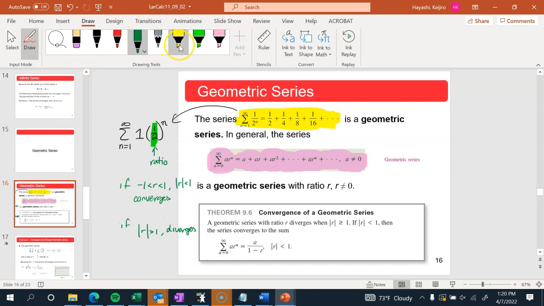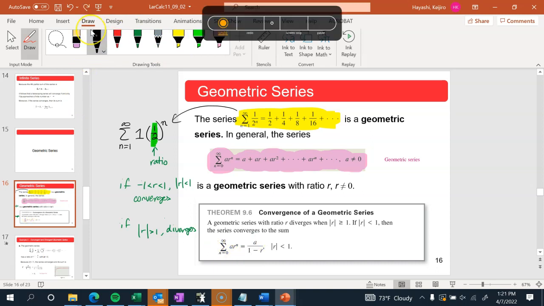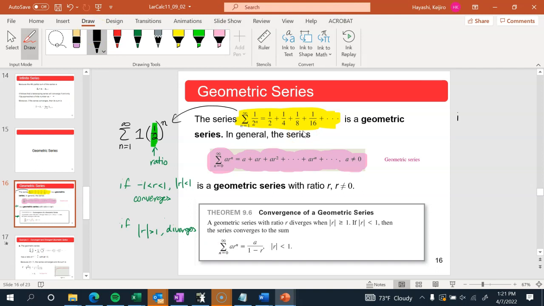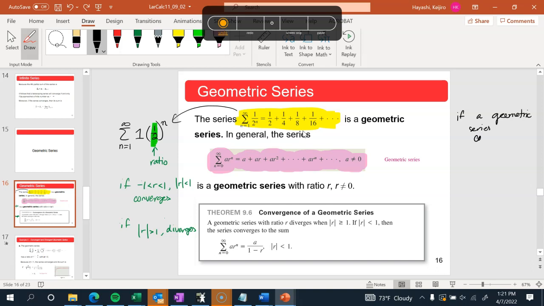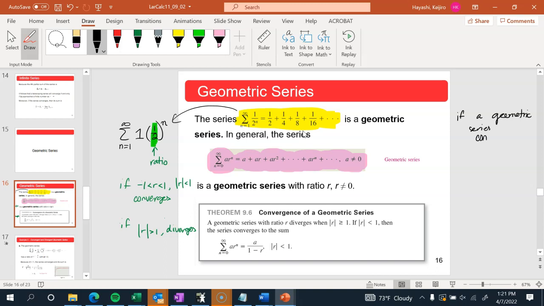That can be given by this formula, but an easier way is this: if a geometric series converges, which is to say the absolute value of the ratio is less than 1, like the ratio is in between -1 and 1, what it equals is just whatever the first term is.